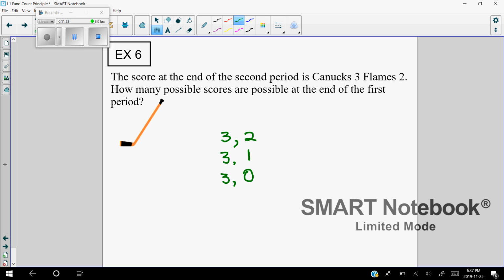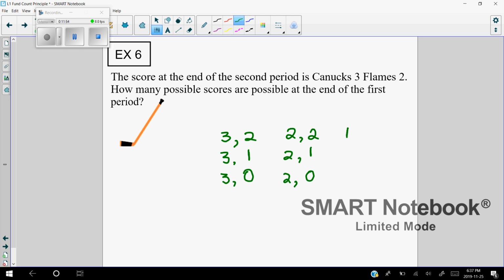Then I will do the same thing with Canucks having 2. Canucks having 2, Flames having 2, Canucks having 2, Flames having 1, and Canucks having 2, Flames having 0.